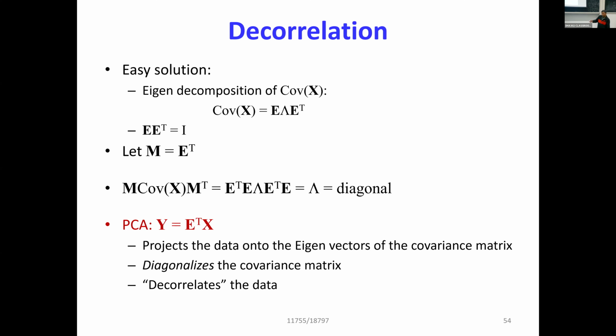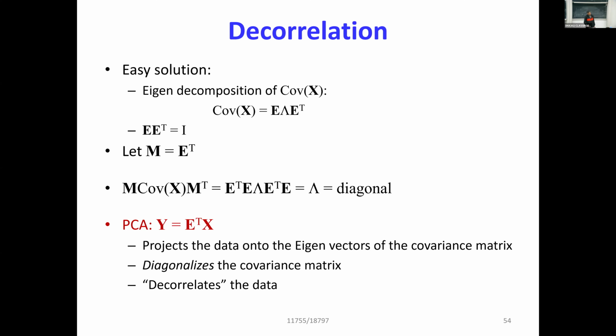Where this comes from is that if you perform the eigen decomposition of the covariance matrix, the matrix of eigenvectors, when transposed, is going to represent the set of axes for the decorrelated data.